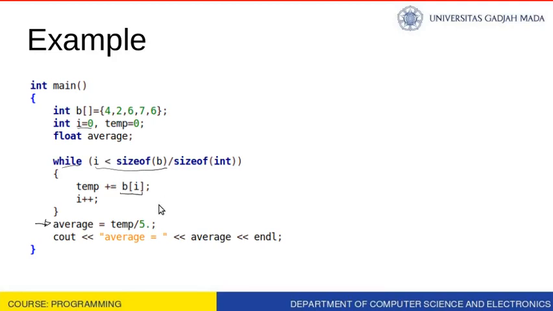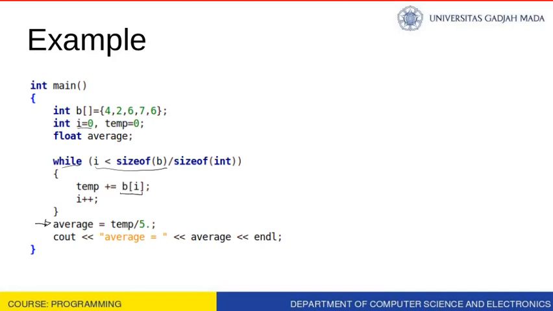However, if you see this iterative command when we access this array, it is easier to see when we are using for, right?